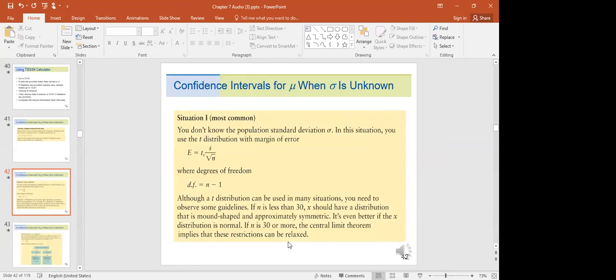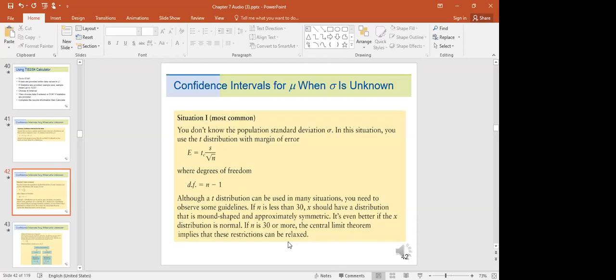So as I said before, if you don't know the population standard deviation sigma, you will use the T distribution, find the critical value tc, multiply by the sample standard deviation and divide by square root of n. The degree of freedom is always n-1, where n is the sample size.